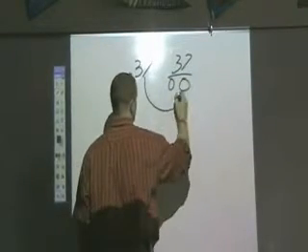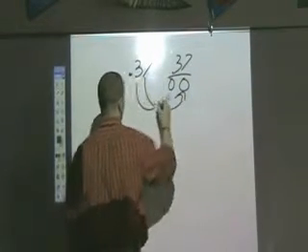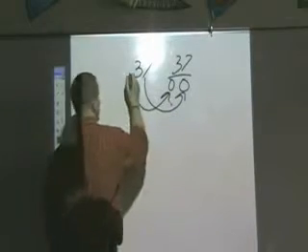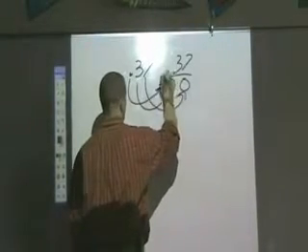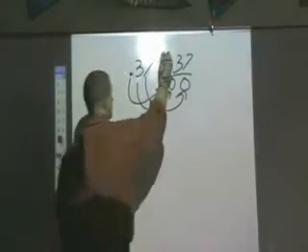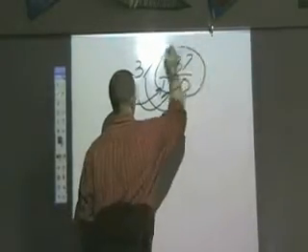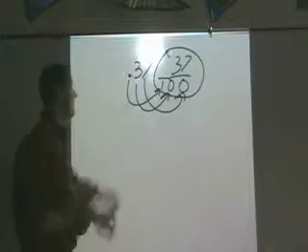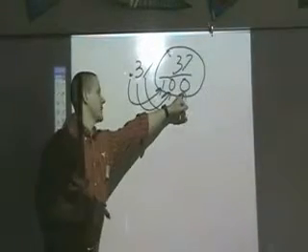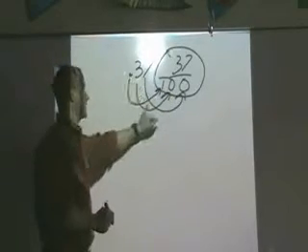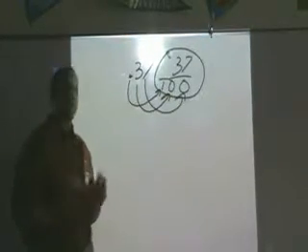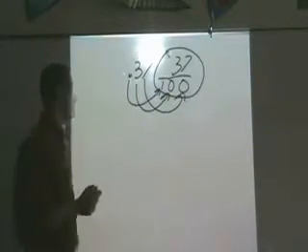This 7 represents that 0. 3 represents this 0. And my decimal represents the 1. So that's 37 over 100. Okay? So that 7 represents the hundredths, 3 represents the tenths. The decimal takes the place of the 1. That's 2 different ways that you could do it.